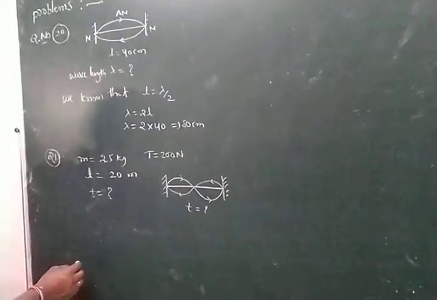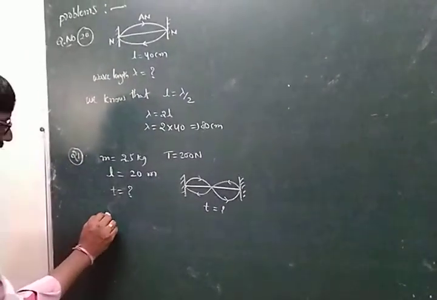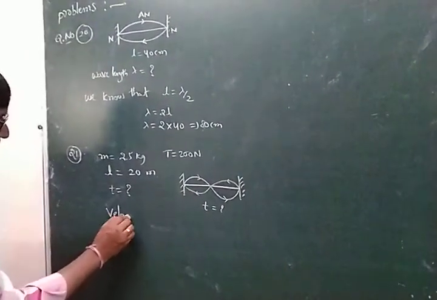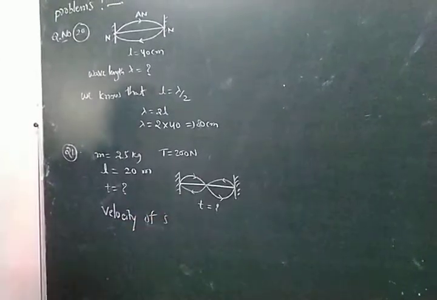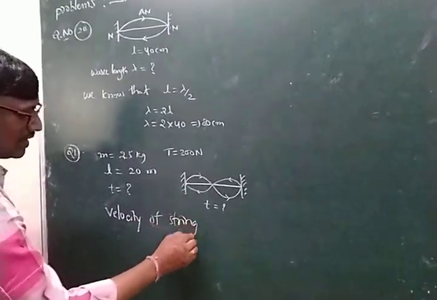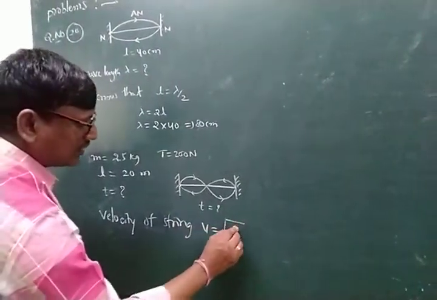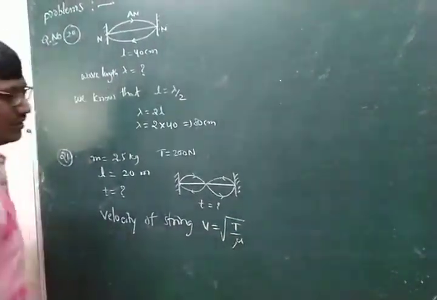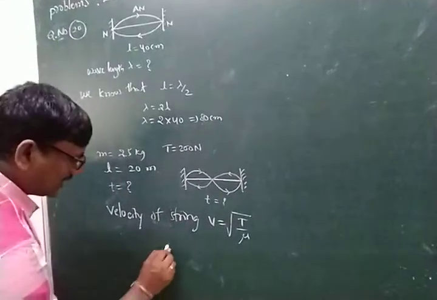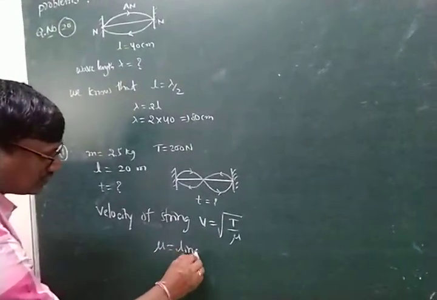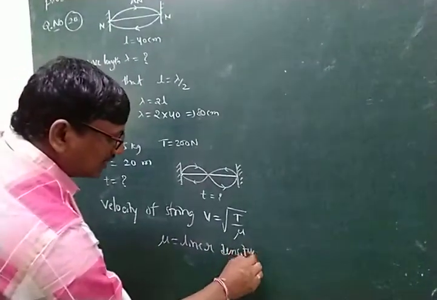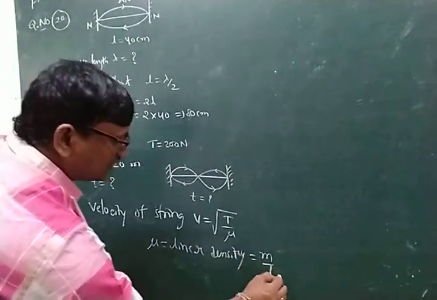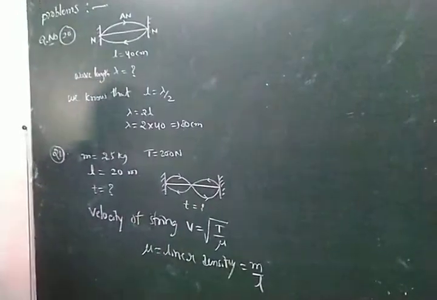We know the formula for the speed or velocity of a string: v is equal to under root of T by mu, where mu is the linear density, the mass per unit length.